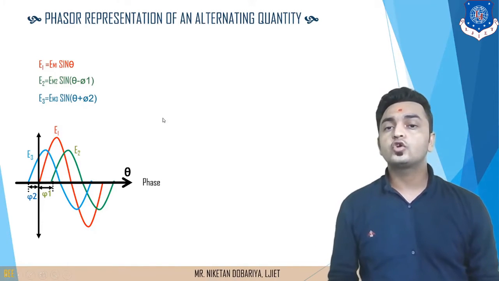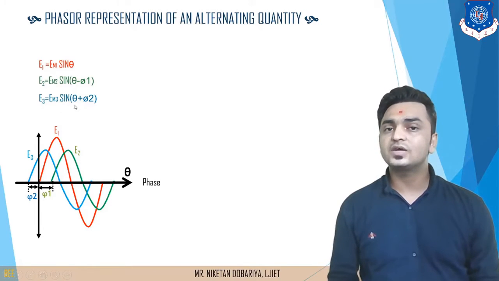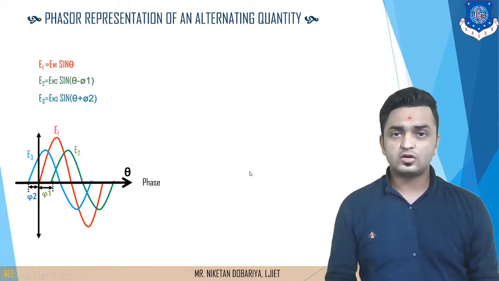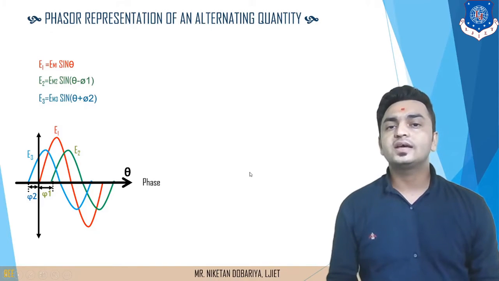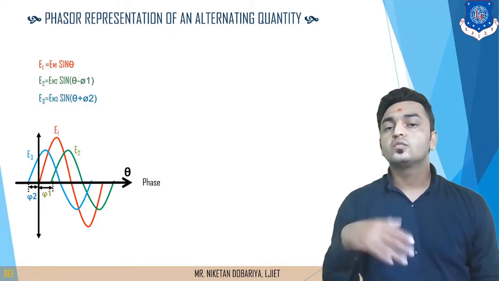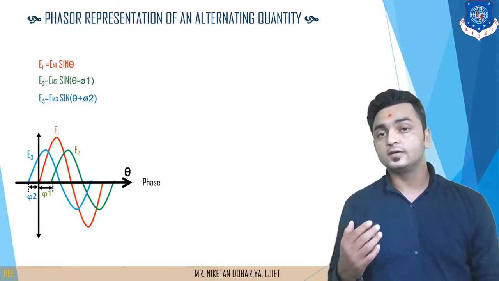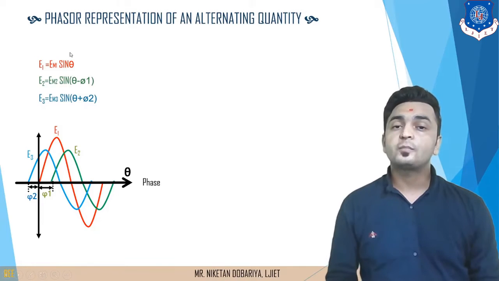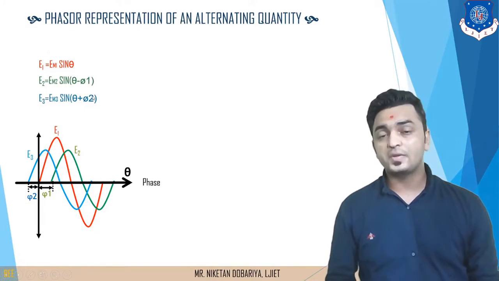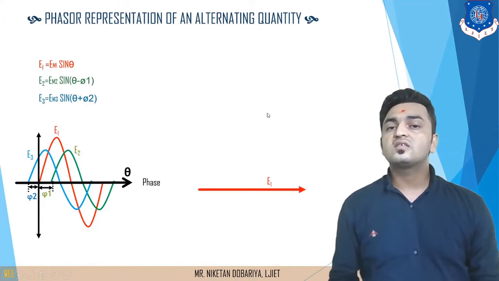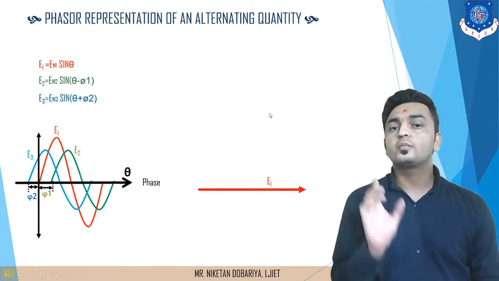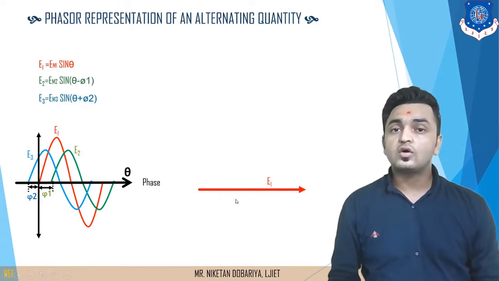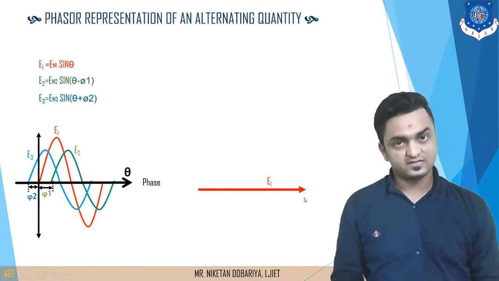Now we are going to plot the vectors of these three quantities. Basically, we are going to consider an xy plot, and normally we consider the 0 angle on the x-axis. The angle of the first is 0 and its magnitude is Em1, so based on that we consider its length, and based on its length we form a vector on the 0 angle, meaning the positive x-axis.